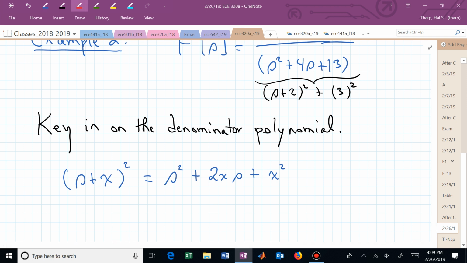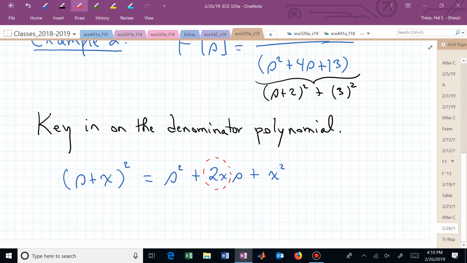And what I'm saying is, I know my coefficient that weights the s, the linear power of s, is going to be 2 times something. So in my s squared, if they're quadratic, here I say 4 is equal to 2x, and that's going to give me my x in this s plus x quantity squared.